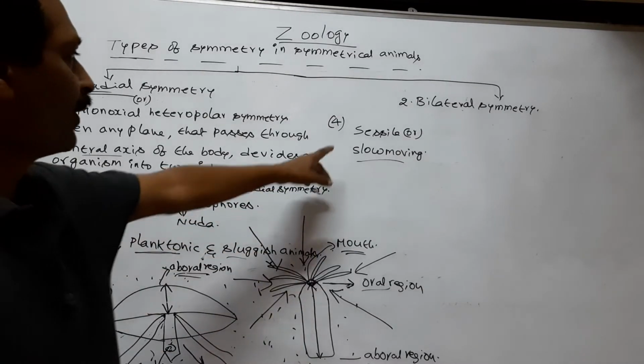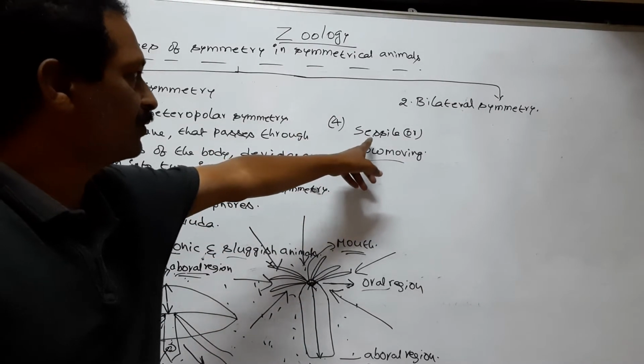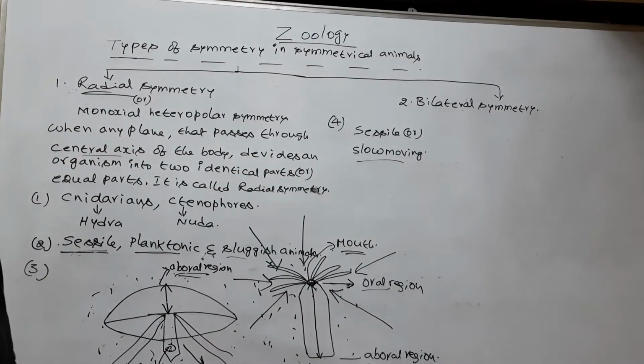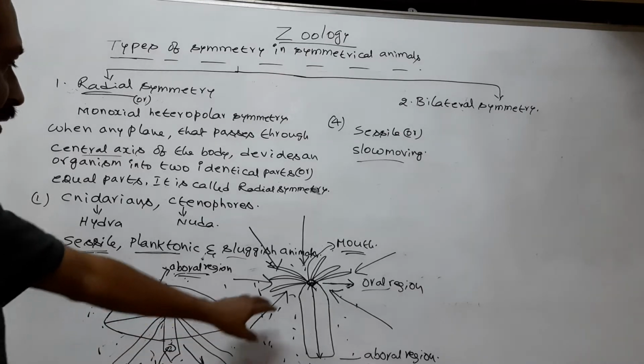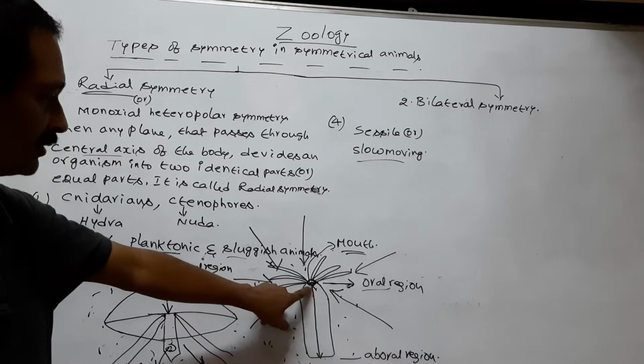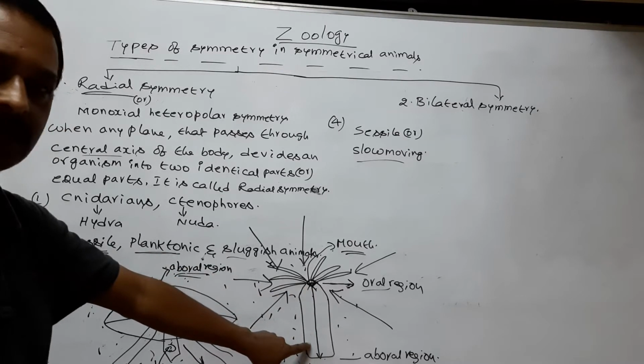Why is radial symmetry useful to sessile or slow moving animals? The principal axis is present between the oral and aboral region.